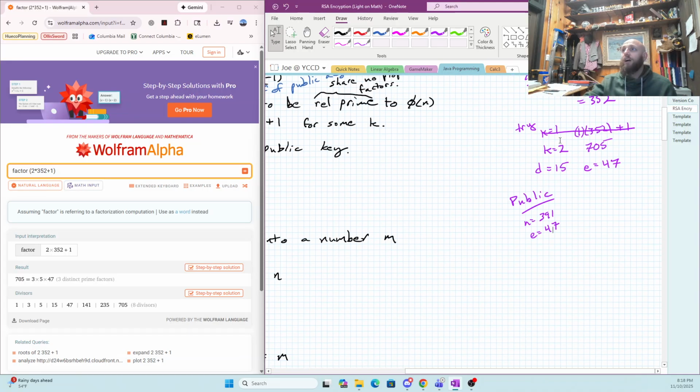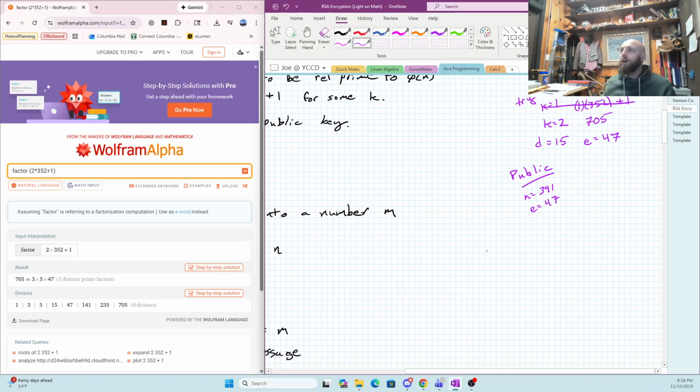So let's see if we can encrypt something. Let's convert a message into a number. I'm going to say that my M is going to be the number 7, just to keep numbers small and manageable, right? So I'm going to pick my message to be 7, and then I'm going to calculate my message raised to the encryption exponent.